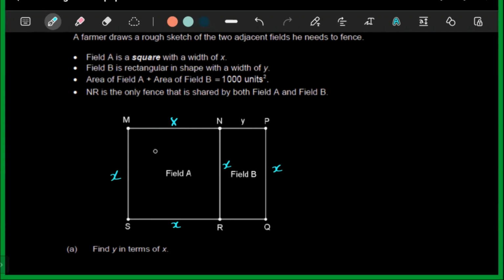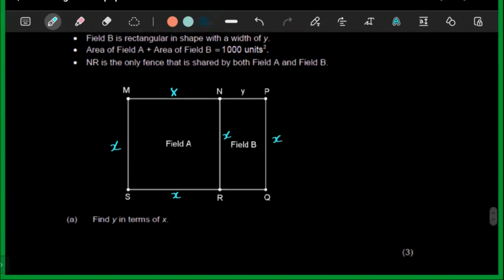The area of field A plus the area of field B is 1,000 units squared. Then it says NR, which is from N going to R, is the only fence that is shared by both field A and B. Then it says write y in terms of x.